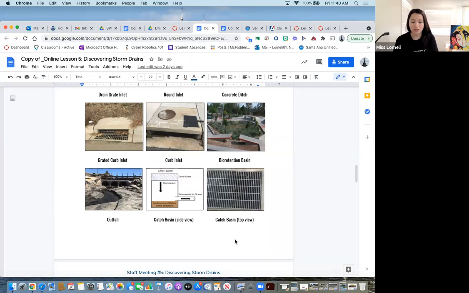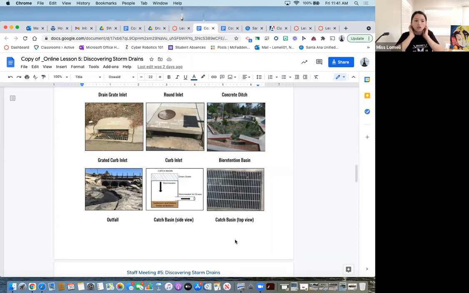Now, what is the job of that drain? The job of that drain is to collect all the water from washing your hands, taking a shower, or washing the dishes, and it all goes through that drain, so your house doesn't flood. When I wash the dishes or take a shower, it doesn't rise with water and overflow onto the floor.